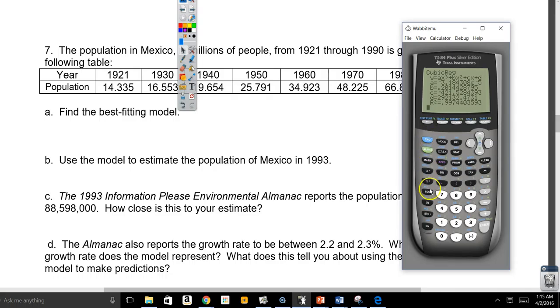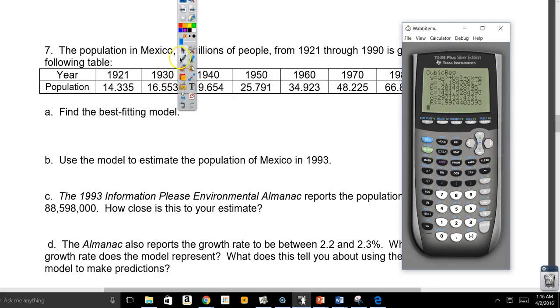So I'm going to do it again so that I can get in my vars. I want to be able to use it.